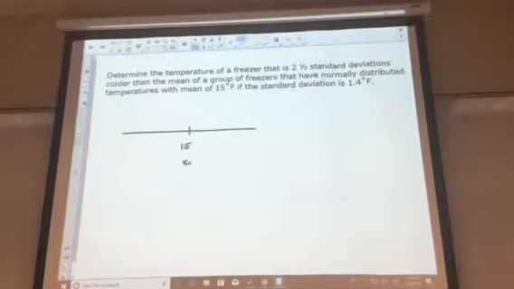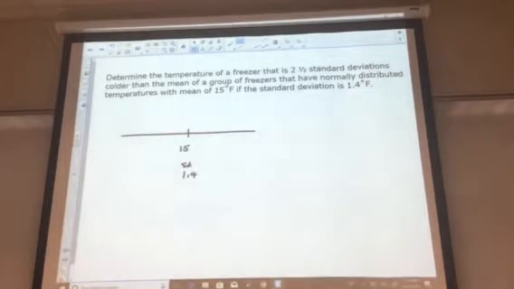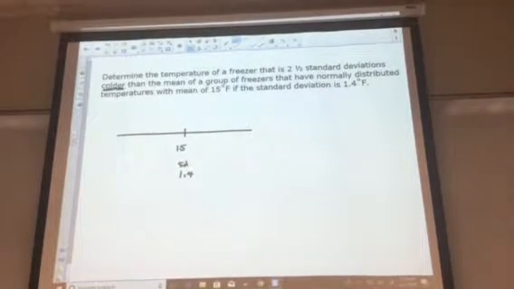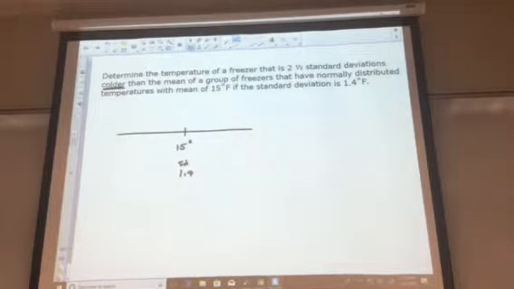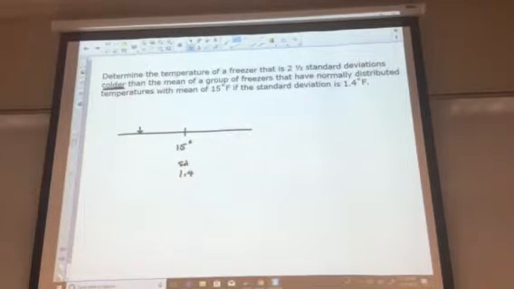And I know that my standard size steps are 1.4. And I want to have something that's colder, so its temperature is to the right of 15 degrees or to the left of 15 degrees? Better be the left. So somewhere over here is where I want to be.